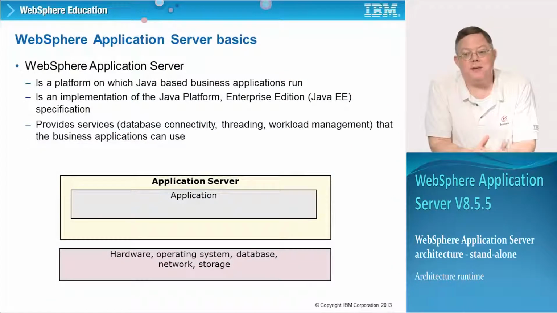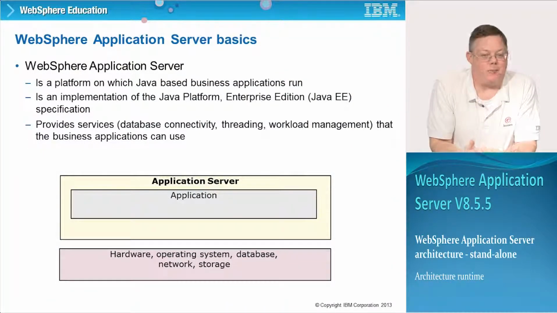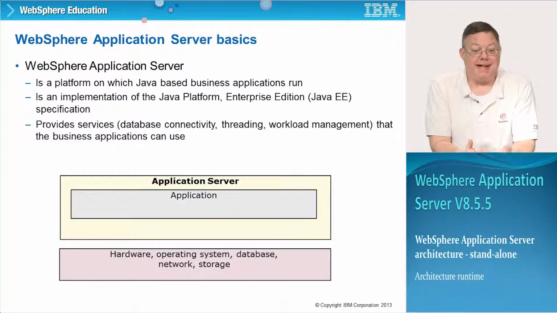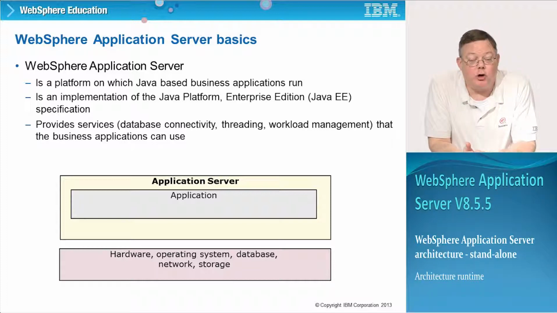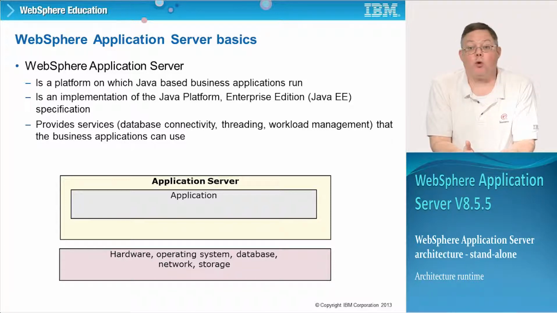Let's get down to IBM WebSphere Application Server basics. So what is a WebSphere Application Server? It is literally a JEE compliant application server instance that runs on a Java development kit. So a WebSphere Application Server provides specific key features, for example, a web container, an enterprise container, JNDI lookup, and a lot of other services that are required to be a compliant JEE container.